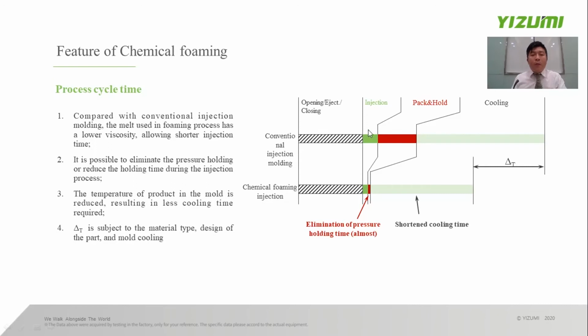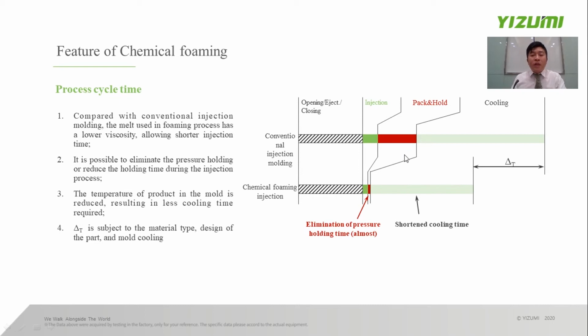Next, process cycle time. Here, we can see the comparison of the process time between the conventional process and the chemical forming process. The most outstanding point is the holding time.